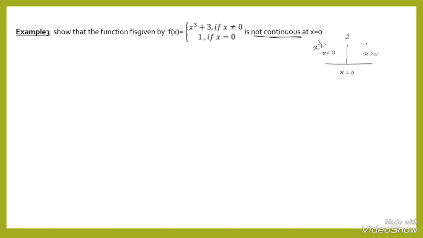We will solve now. Here the function is defined at x is equal to 0, and it is 1, because they already gave that at x is equal to 0 the function is defined as f of x is 1.